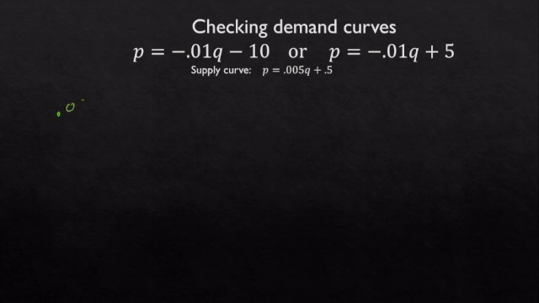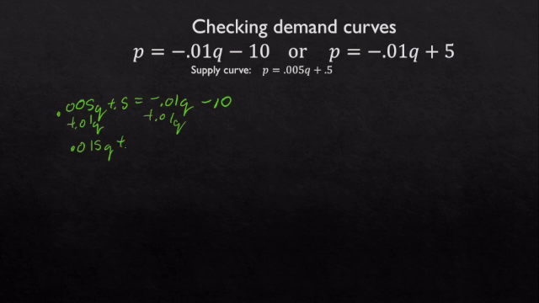So I have 0.005q plus 0.5 equals negative 0.01q minus 10. So I'm going to go ahead and add 0.01q to both sides. That leaves me with 0.015q plus 0.5 equals negative 10. If I subtract 0.5 from both sides, that gives me 0.015q equals negative 10.5.